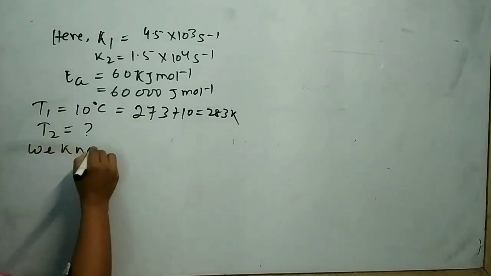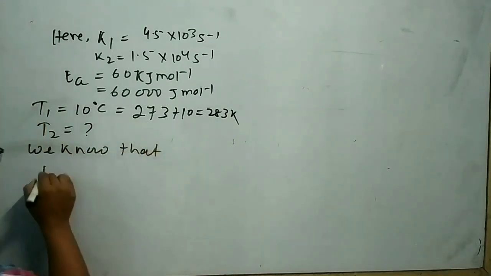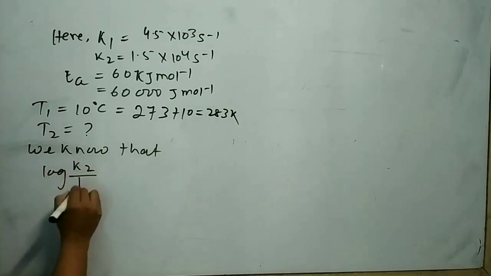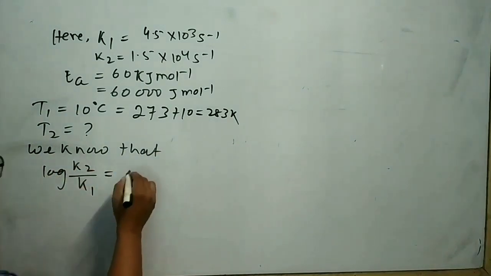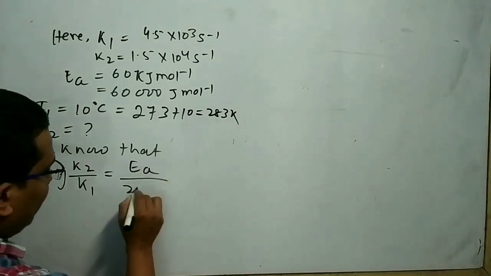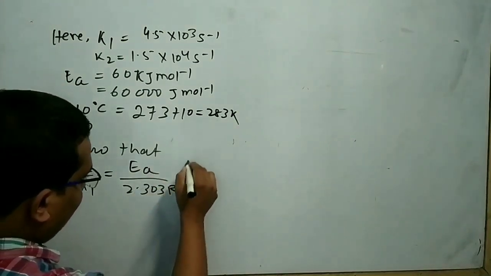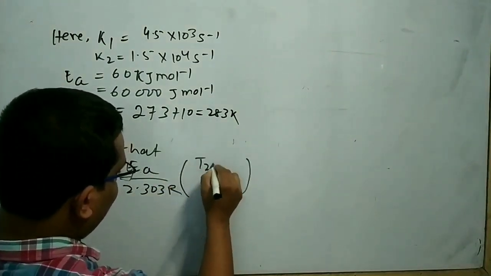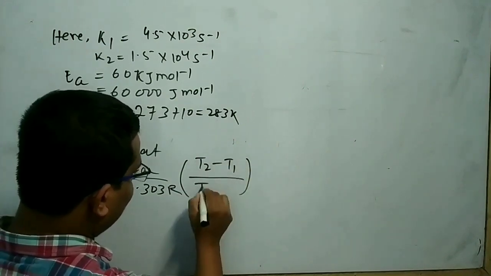We know that log K2 by K1 equals Ea by 2.303 R into (T2 minus T1) divided by T1 T2.